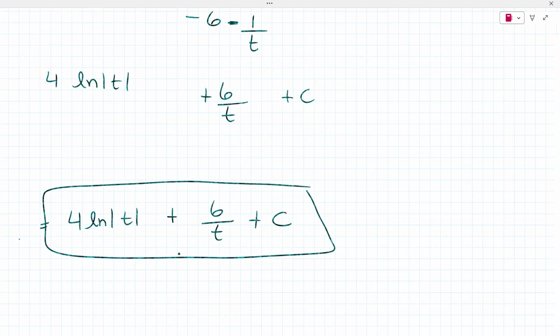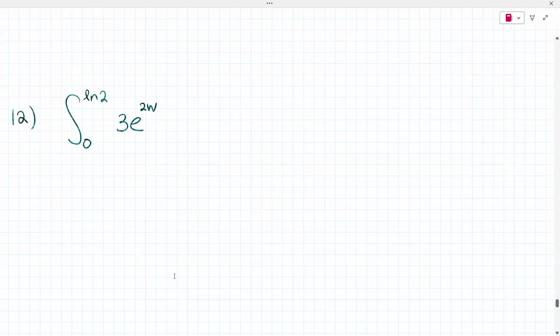Okay, the next one is this one. So we have the integration from 0 to ln of 2 of 3e to the 2w.